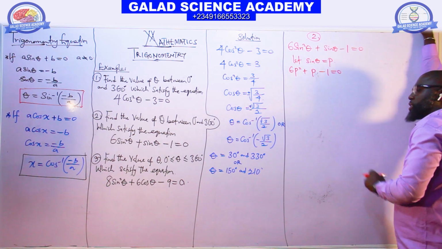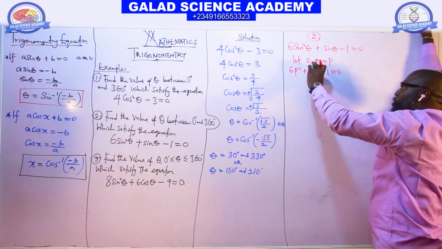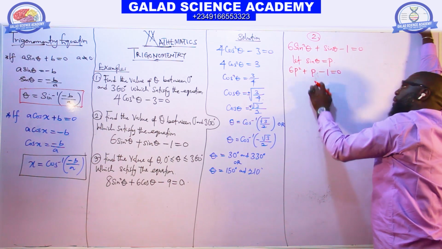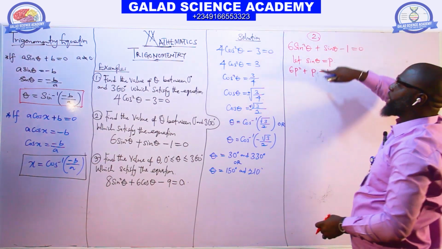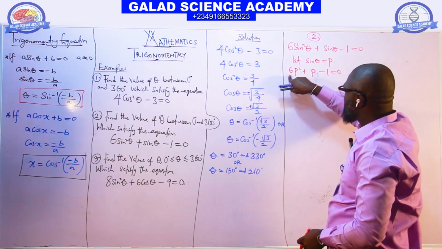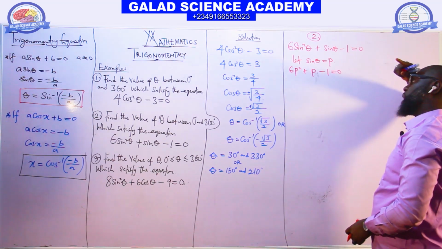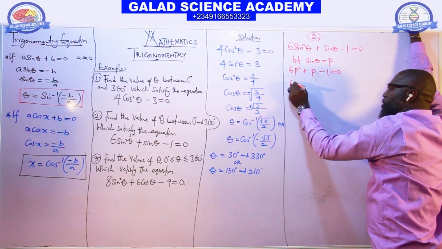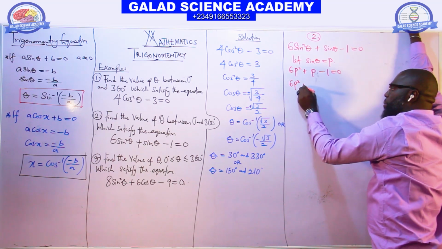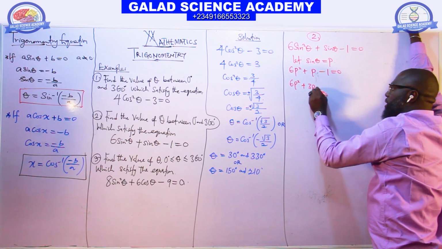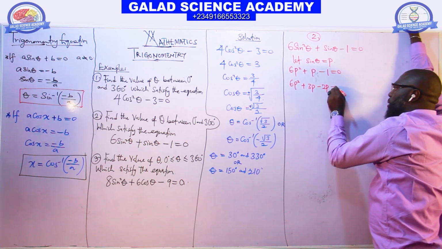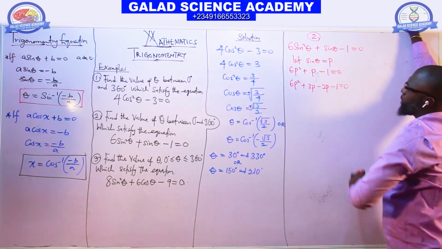So the next thing is we look for the two numbers that when we add them together give us plus P, and when we multiply them give us 6. So we have 6P squared plus 3P minus 2P minus 1 equal to 0.